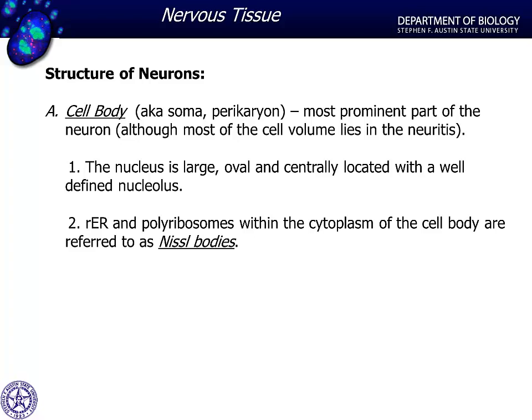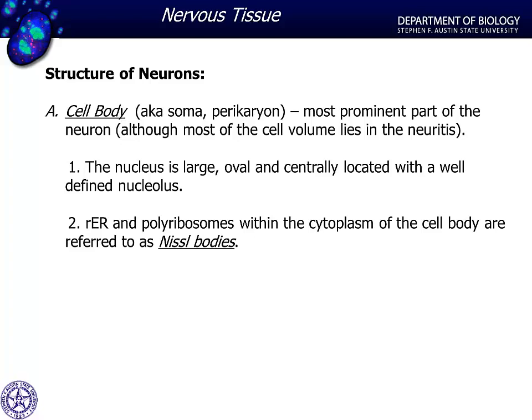And certainly neurons are going to have a cell body, which is called a soma or perikaryon. This is where we're going to have our cytoplasmic components and where we're going to find most of the volume of the particular cell. Now, neurons are fairly easy to identify. The nucleus is extremely large, and the nucleolus is going to be very well defined.